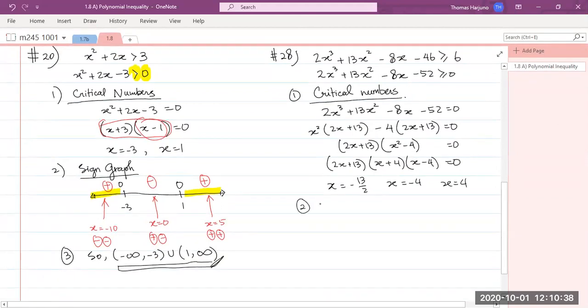Next, I do the sign graph. Now make sure when you put in your critical numbers, you really put them correctly on the number line, in the sense that -13 over 2 is -6.5. It should be on the left-hand side of -2, and +2 should be on the right-hand side of -2.